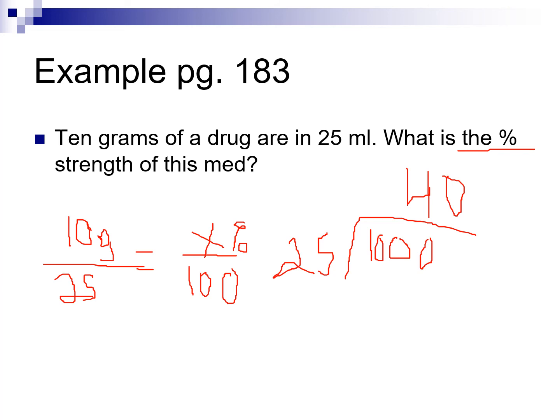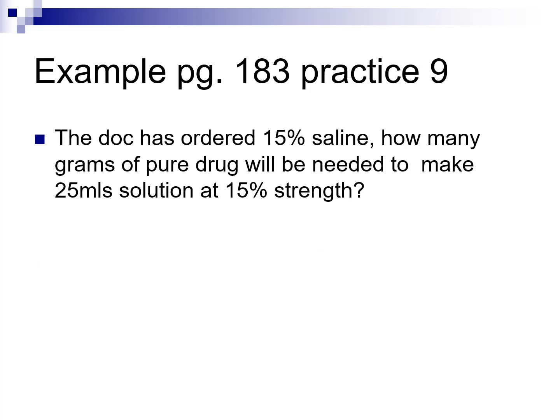This is the example that's in the example box. Moving on, we're looking at that same page, further down, practice 9. That first problem we just finished was in your little text box under example.